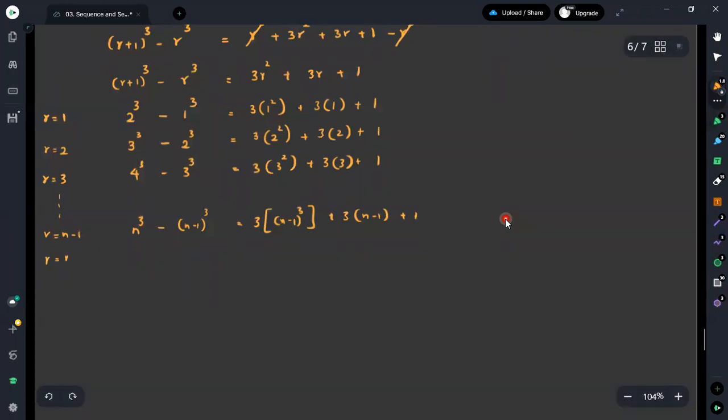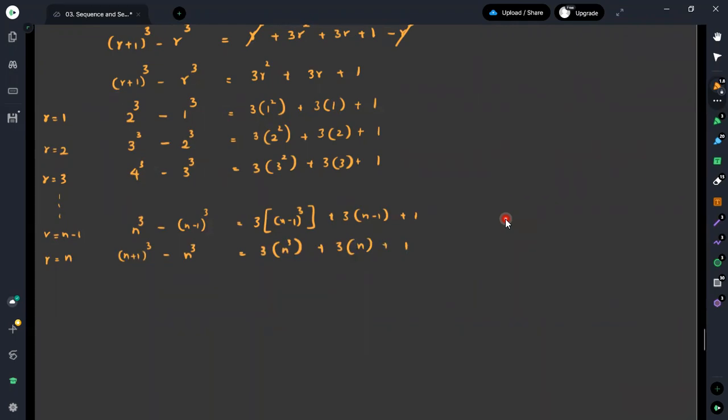And taking r equals n, we get n plus 1 to the power 3 minus n to the power 3 equals 3 times n squared plus 3 times n plus 1.